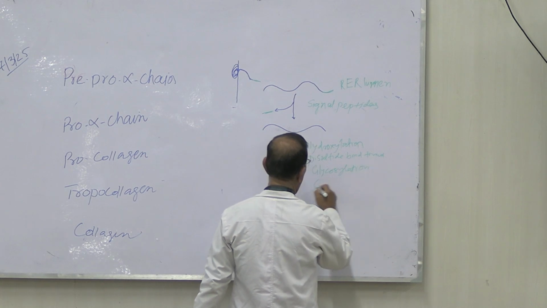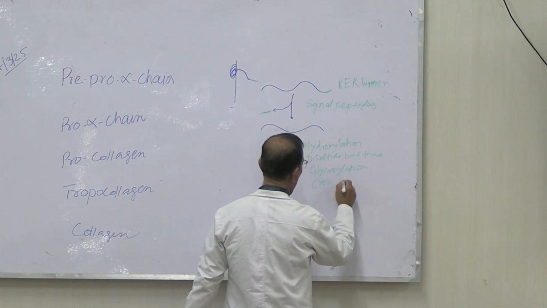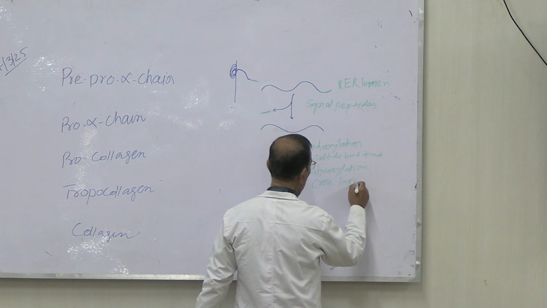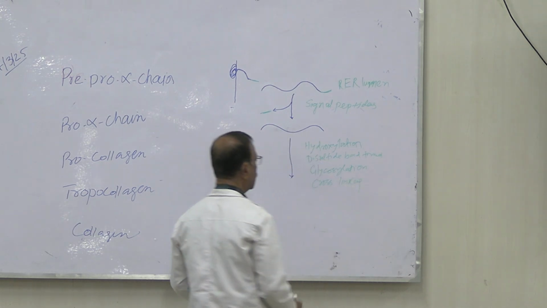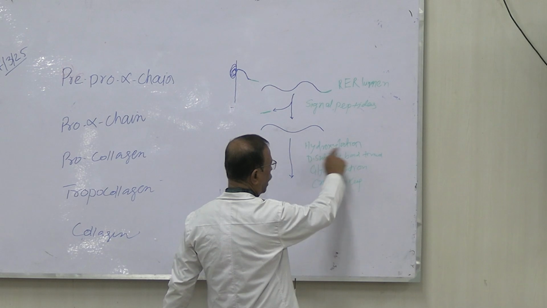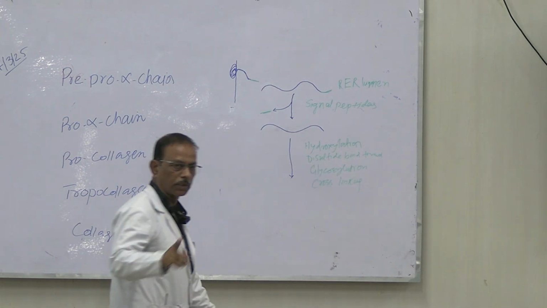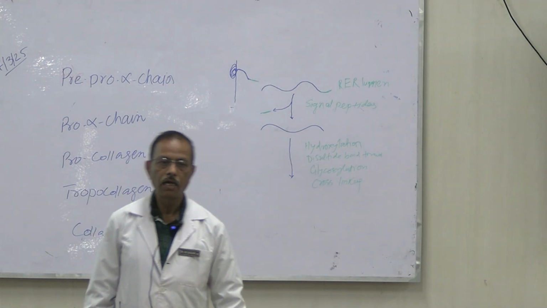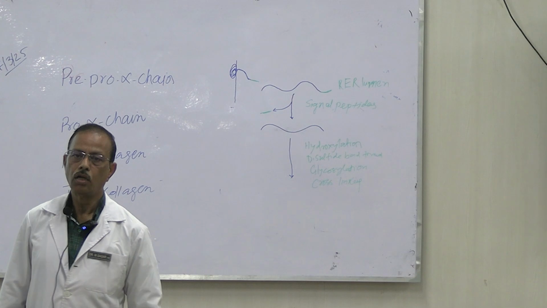Glycosylation. Cross-linking. Now, out of these, glycosylation, hydroxylation and disulfide bond formation occur inside the endoplasmic reticular lumen.